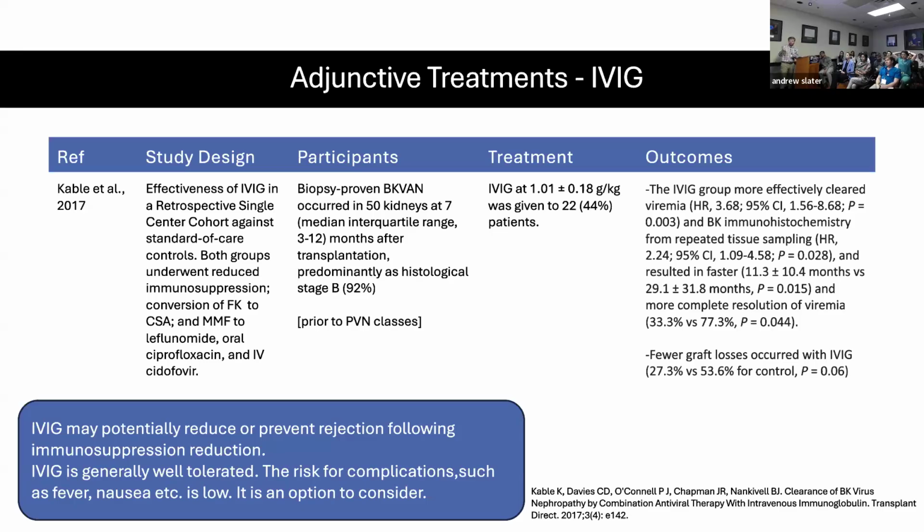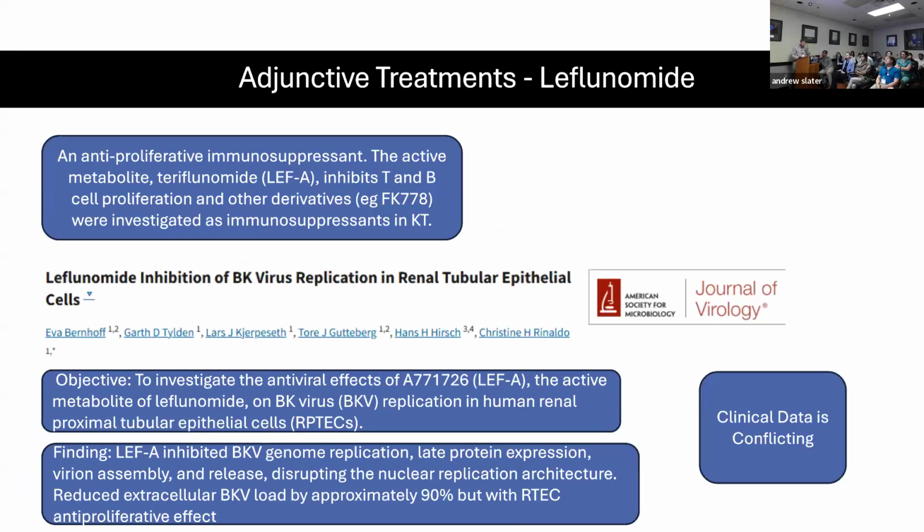They gave the IVIG at this dosing, and the IVIG group, quote unquote, more effectively cured viremia and BK immunohistochemistry from repeated tissue sampling, and resulted in faster and more complete resolution of viremia. There were fewer graft losses in the IVIG group. So this is just one example of the few studies that support the use of IVIG.